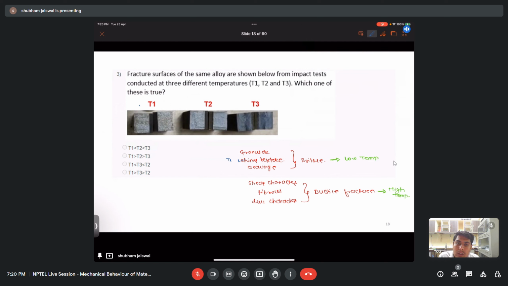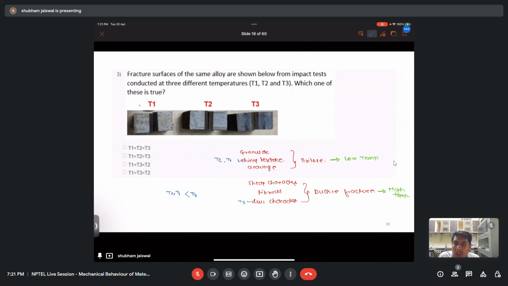Then we'll see T2. T2 also has a shiny surface. Now, if you go to T3, then T3 is having some dull surface. So it means T3 should be greater than T2 comma T1.